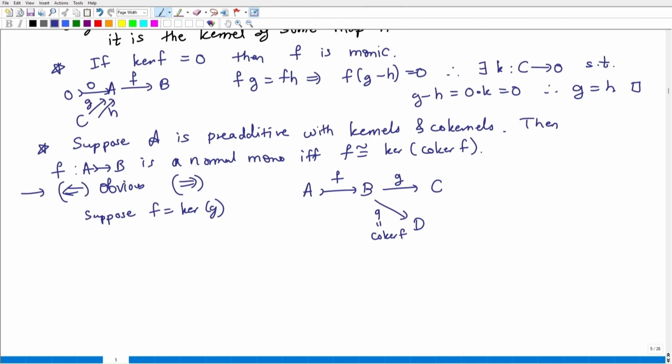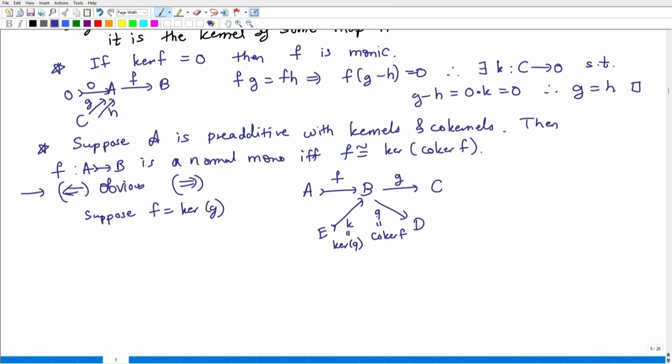Now Q is a morphism, so I can define its kernel. Let me call that E, and from E I have another monomorphism K, which is the kernel of Q. So kernel of co-kernel. Now observe that GF is equal to 0.